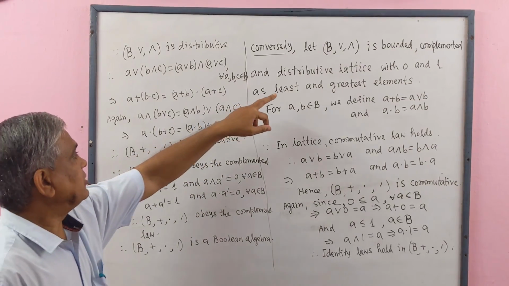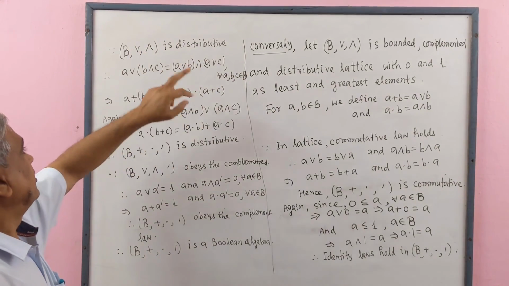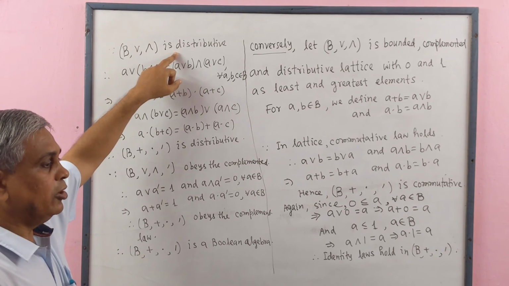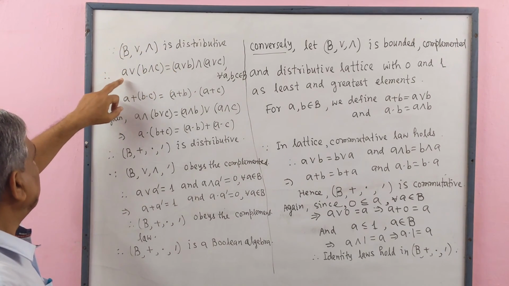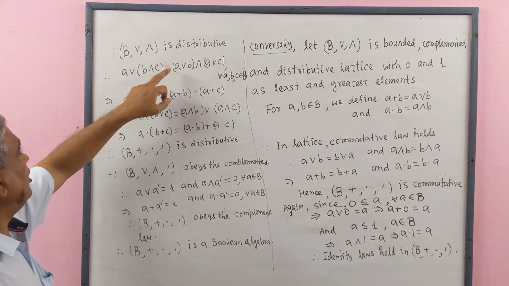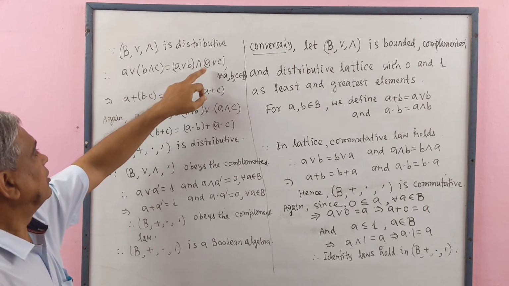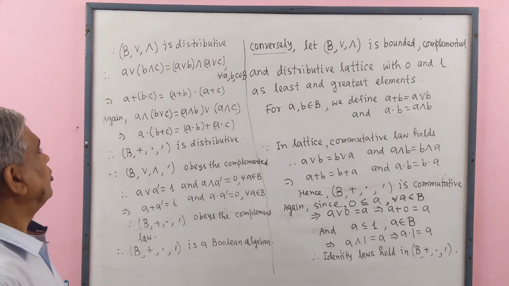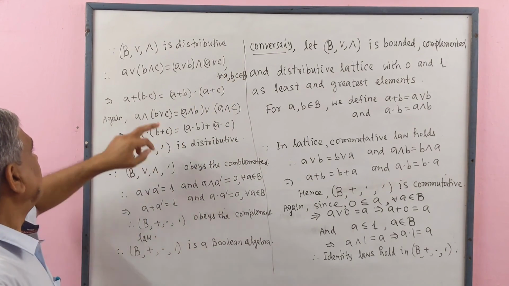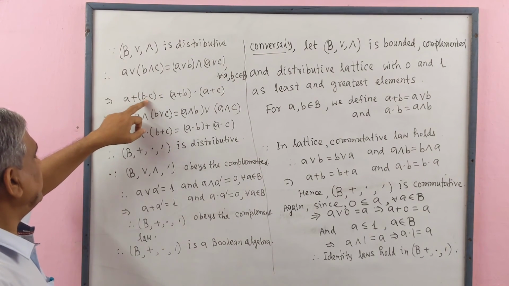Again, here we have assumed that B is a distributive lattice. So, it obeys the distributive law. A join (B meet C) equal to (A join B) meet (A join C) for all A, B, C belong to B. In place of join, we write plus, in place of meet, we write dot.